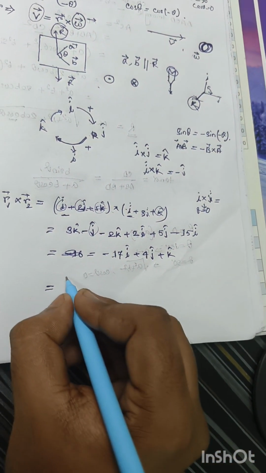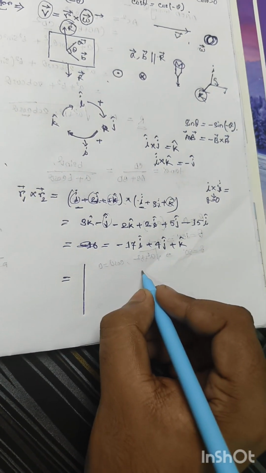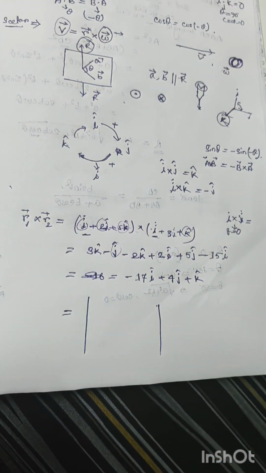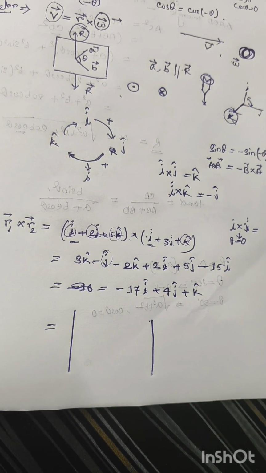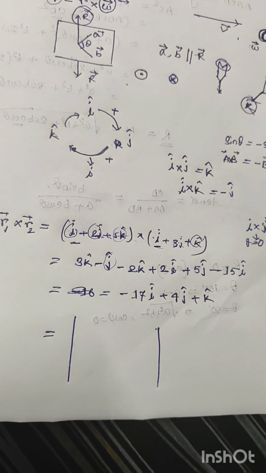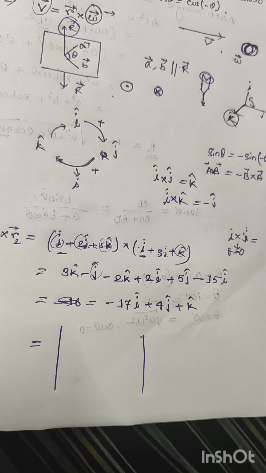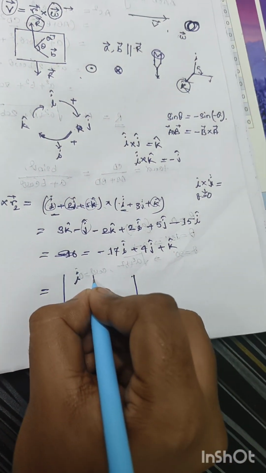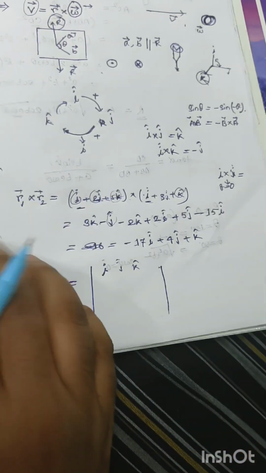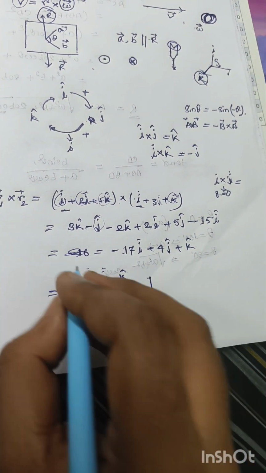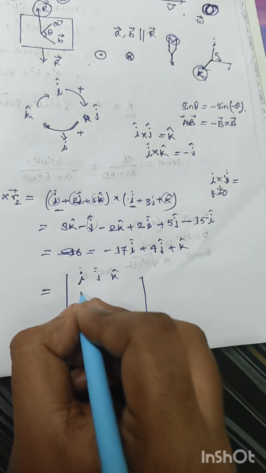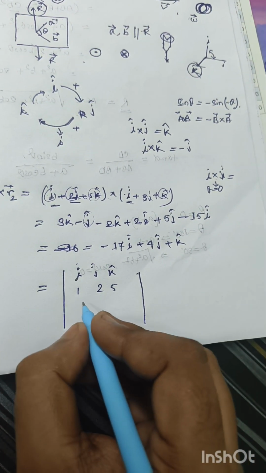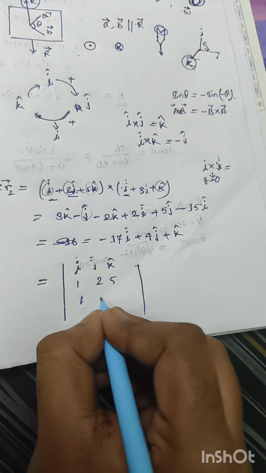It's quite tough, but for another method we use the determinant. Those people who do not know determinants, please go to class 12 math or any other math books and learn determinants and matrices. For the determinant, we make this column: first row 1 2 5, and then the second row is 1 3 1.